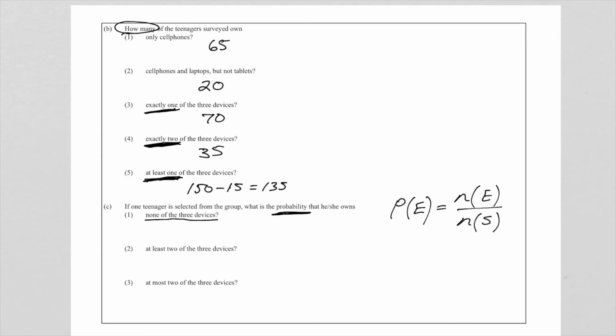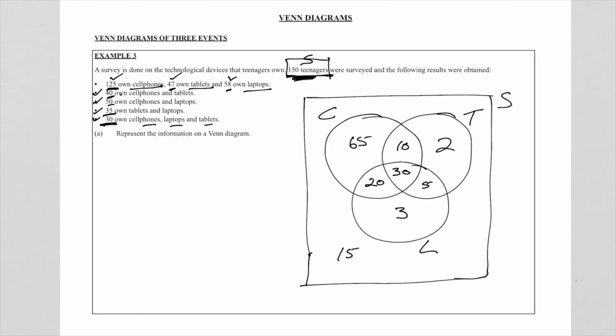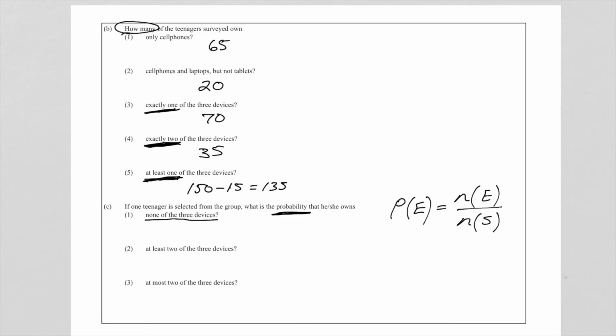Now I think it's quite clear where we will find this on the Venn diagram, because that 30 owns 3, the 10, the 20, and the 5 own 2 devices, the 65, the 2 and the 3 own 1 device, and the 15 own no device. And I think you agree that is the answer that we want for this one.